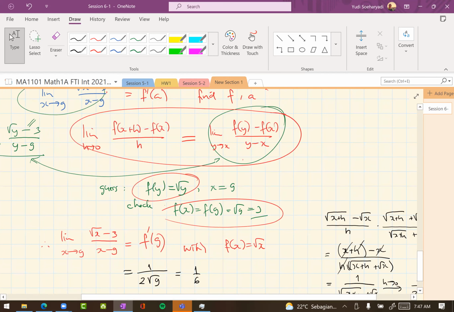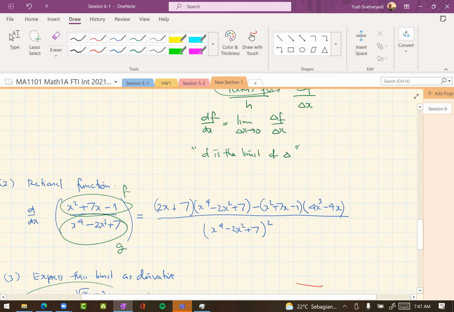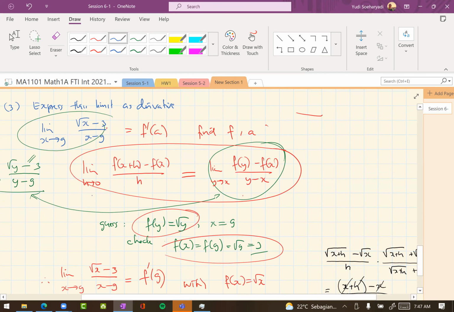Now what we would like to have is this definition here.